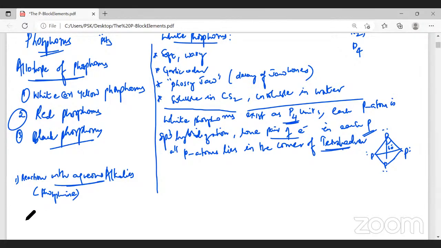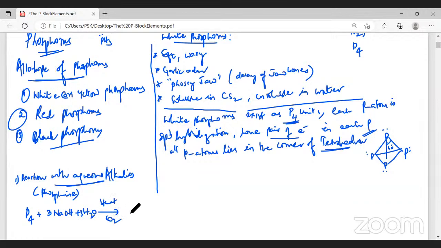So white phosphorus, as we know, exists as P4. When this is heated with aqueous sodium hydroxide solution, 3 moles of aqueous sodium hydroxide and 3 moles of water, in the atmosphere of carbon dioxide, sodium hypophosphite is formed.